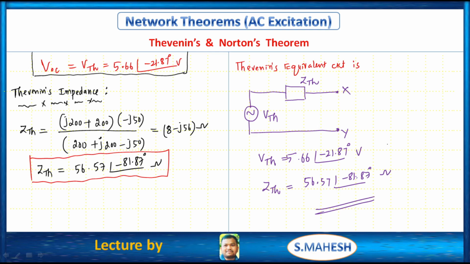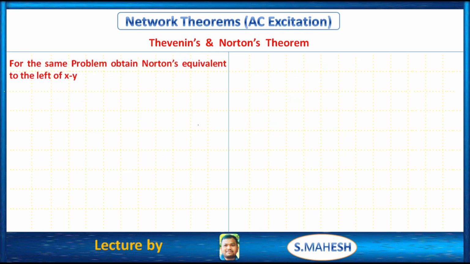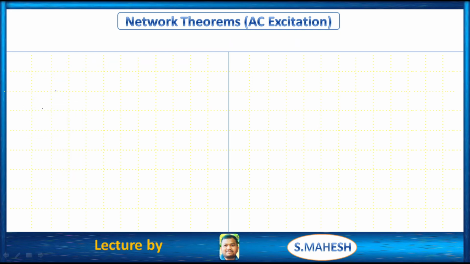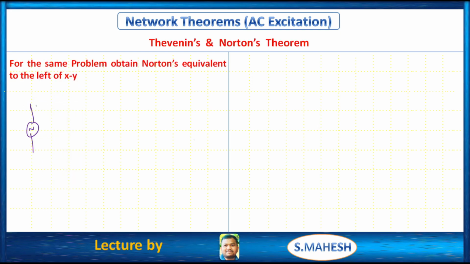Next, we will consider the same problem and do the analysis with respect to Norton's theorem. What is the circuit? You all know that the circuit has an impedance branch and a resistive branch.